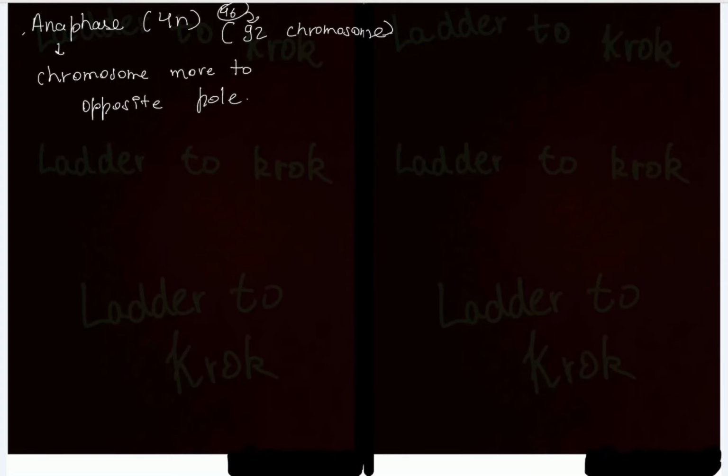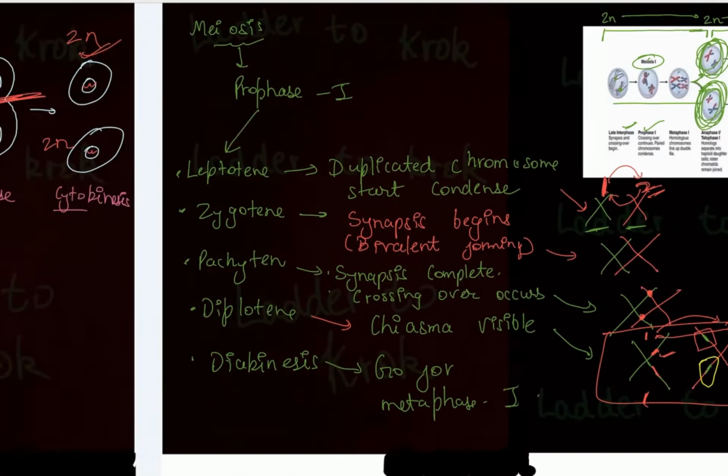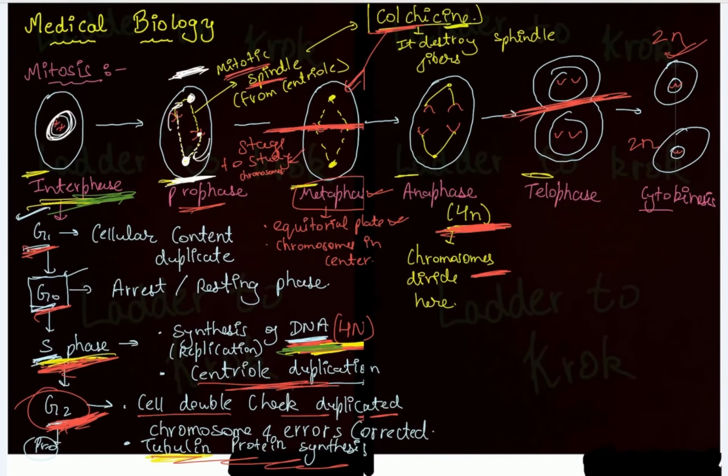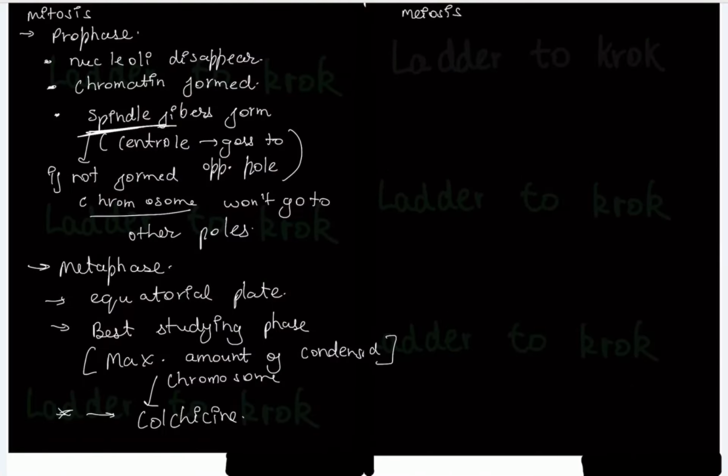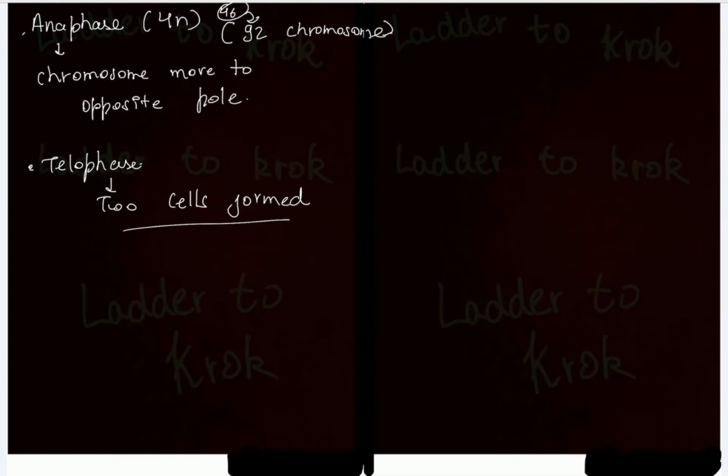Now there is telophase after this. Two cells are formed. We can see the two cells formed properly in an 8-like structure, but the cytoplasm doesn't divide. So two cells are formed, and then we have cytokinesis.